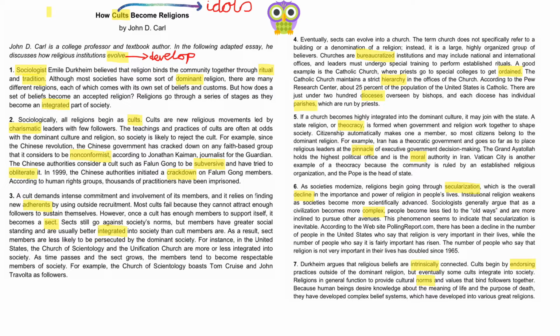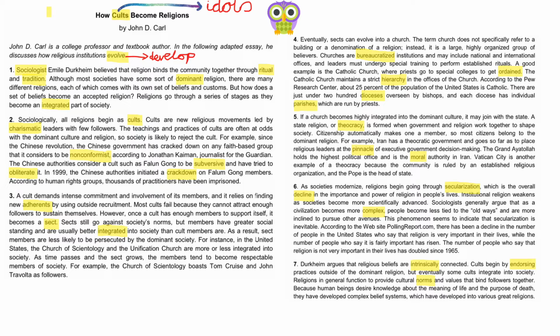You have the next word there, which is subversive. Subversive, again, if you break those two words, sub, which means below, subversive, put them together, you get an idea. When I looked that word up, I found actually this is like a very disruptive individual, or it could be a group of people. All right, so that's what I found.